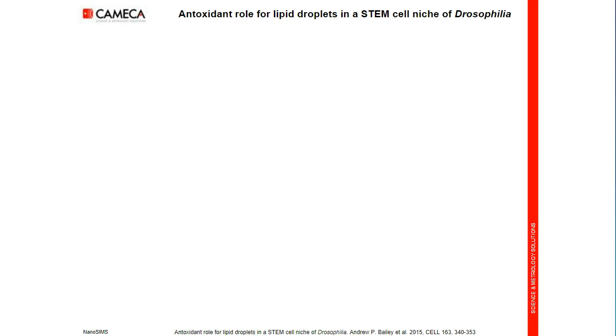The NanoSIMS measurements are only a part of the study. So the question to be answered by NanoSIMS is, what are the constituent origins of these lipid droplets induced by hypoxia? This is solved by raising larvae on different diets containing different labeled molecules.